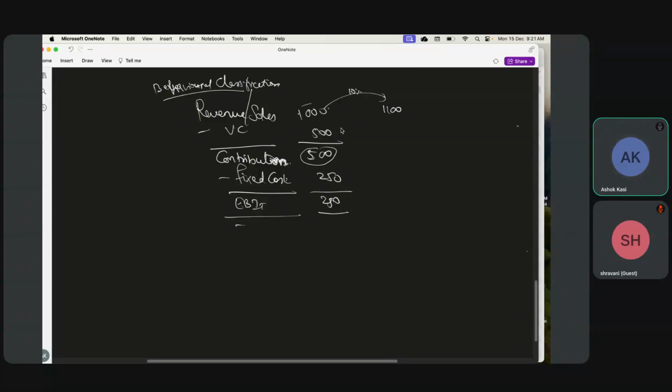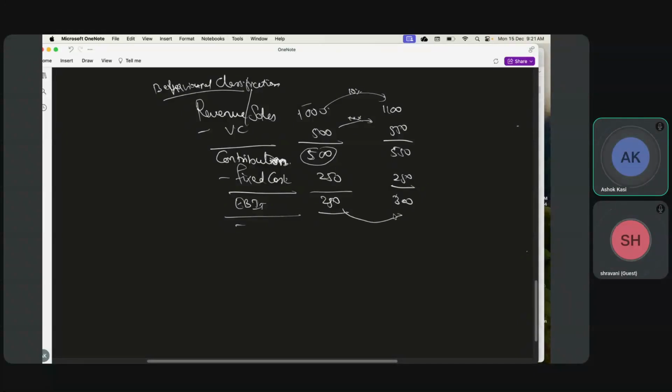Variable cost is proportional to sales, so it will also increase by 10%, that is 550. Contribution is 550, but fixed cost will remain fixed only, so your profit is increasing now.